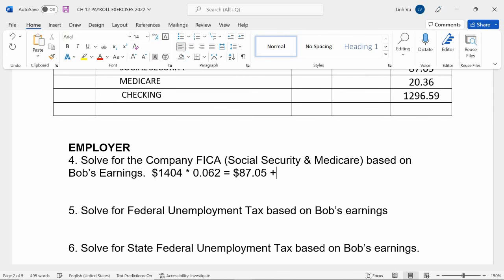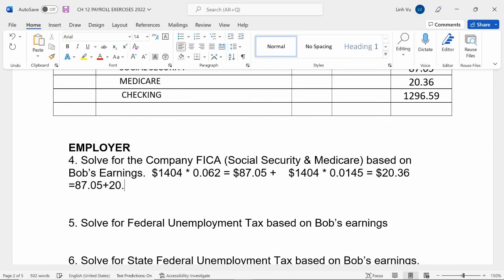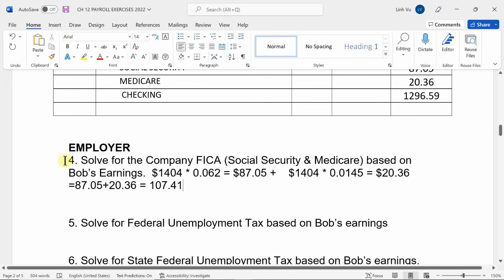And then how much was his Medicare? $20.36. So in this case, grand total for company is going to be 107.41. You said 107.41. Good.